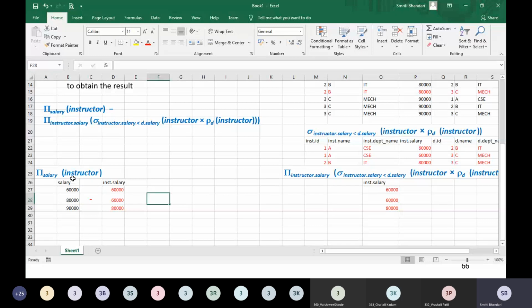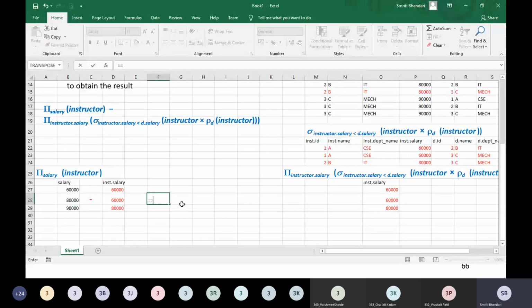The tuples, those are present in first relation, but those are not present in second relation. So 60,000, whether it is present in second relation? Yes, it is. 90,000. Yes, so which is the tuple that is not there in the second relation? 90,000.